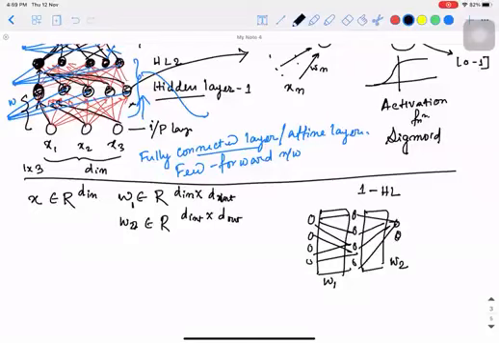And then you have a bias vector, say bias B1, of size D int, and you have another bias B2 here whose dimension is D out.